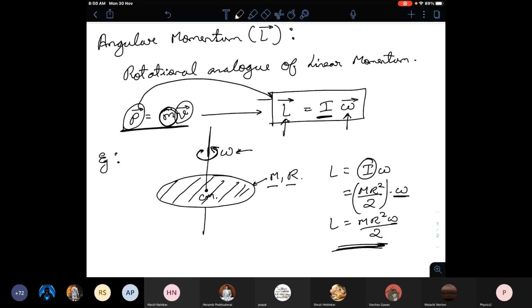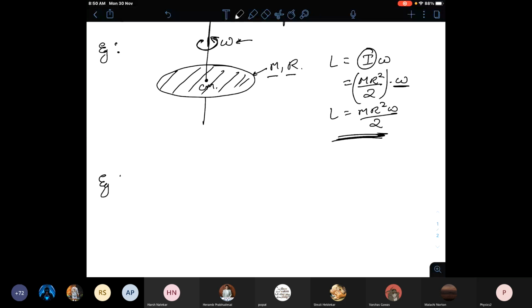Now if rotational quantities are given to you, well and good. If angular velocity is given and moment of inertia is given, then it is fine, you can calculate the angular momentum using I omega. But what if you have a particle of mass m and linear velocity v going in a circular track of radius r?